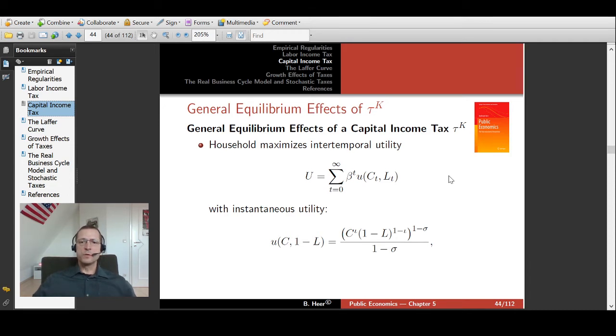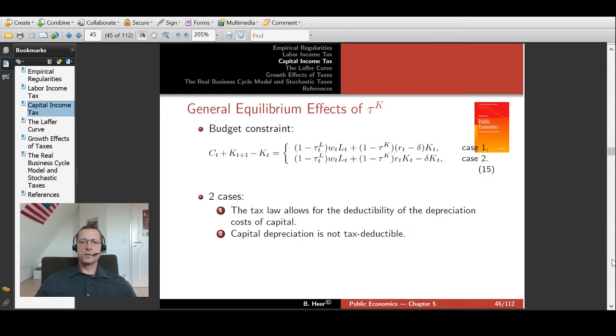Households maximize intertemporal utility, and therefore they discount instantaneous utility, per period utility U, with the factor beta. Instantaneous utility is a function of consumption C and leisure 1 minus L, and the weights attached to these two arguments are iota and 1 minus iota in the Cobb-Douglas function.